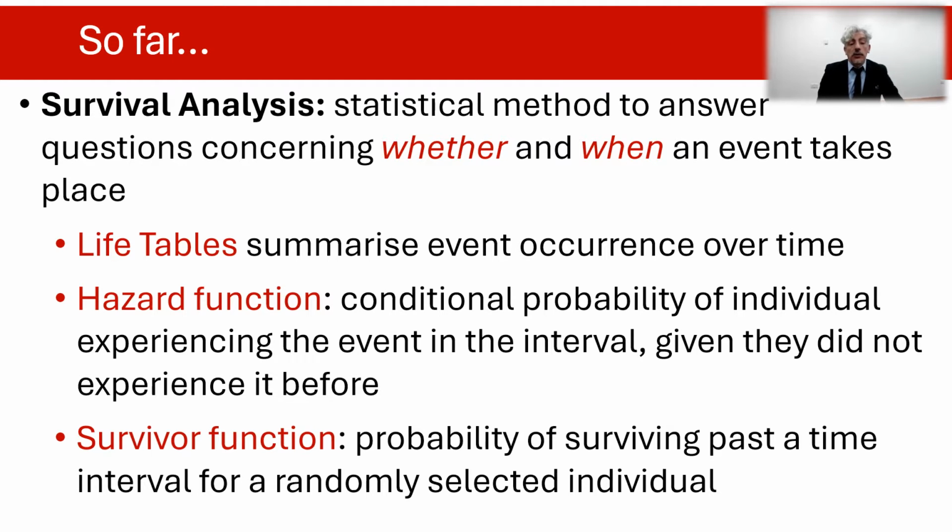And then I introduced the hazard function, which is the conditional probability of an individual experiencing the event within that interval of interest, given that the individual didn't experience the event before. And then I introduced the survival function, which is the probability of surviving past a time interval for a randomly selected individual.